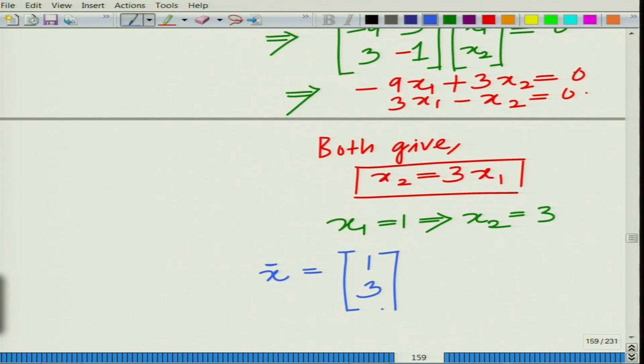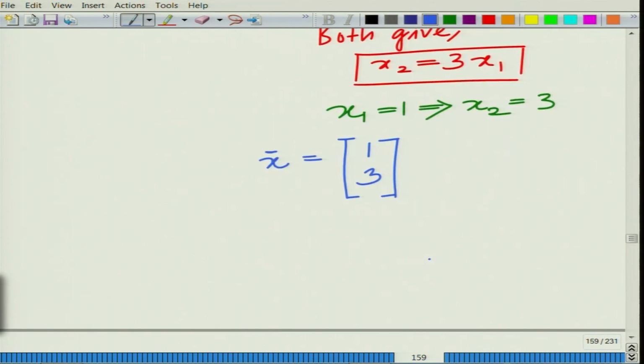Now, I can call this the eigenvector. The corresponding unit norm eigenvector, I have to divide this by the norm.